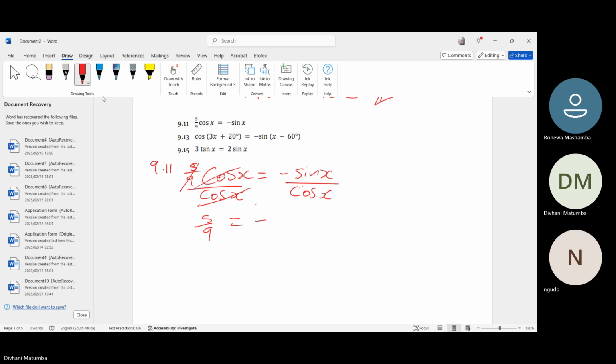Perfect. So you agree we're going to have a minus tan of x? Yes, sir. So we have 5/9 equals minus tan of x. From here, what can we do?